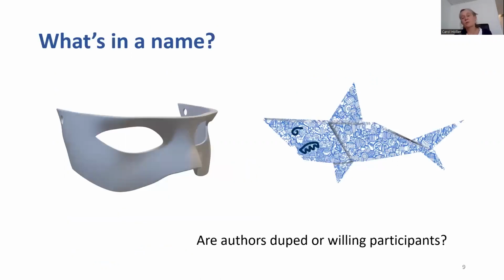So there's a question though, what's in a name? If we go back to the different ways that we've referred to predatory journals, is predatory the right word, or is it more appropriate to talk about deceptive journals or shell journals or something like that?